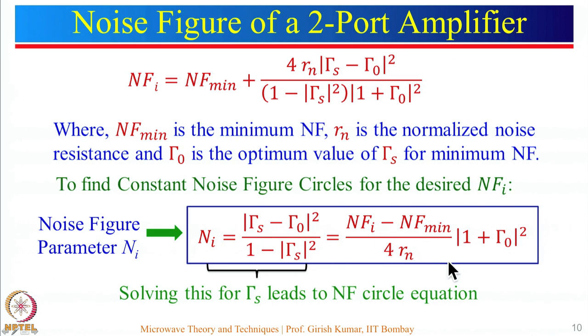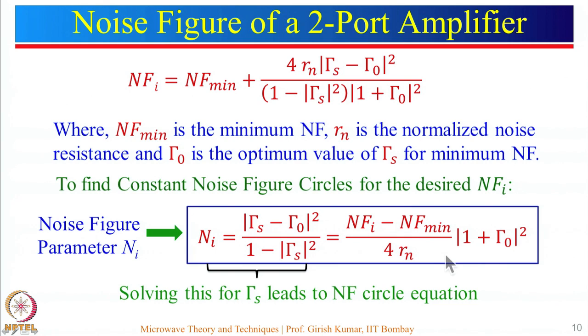Now, you may say that we would always like NFi to be equal to NF min, but as I just mentioned, only if you choose gamma s equal to gamma 0 will we get this whole thing equal to 0 over here, but that may give rise to lower gain.